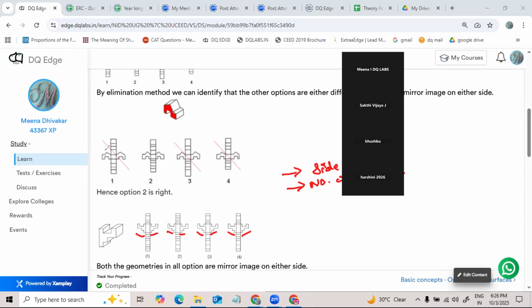If you missed the last class, I'll tell you how to count surfaces now. Don't worry, just count how many surfaces are there here. Ma'am, 13. Okay, you're saying 13. What about others?